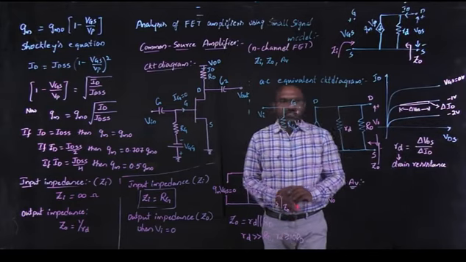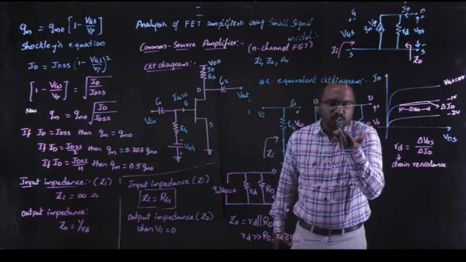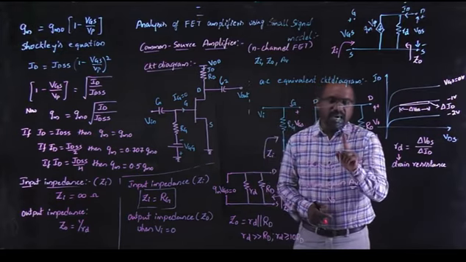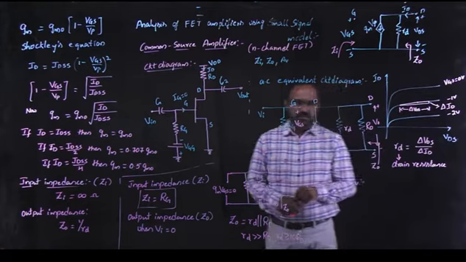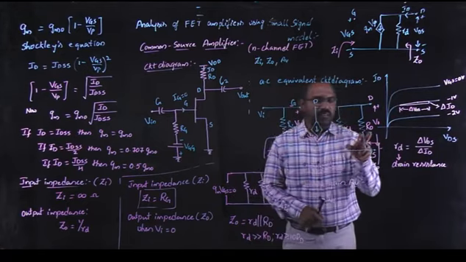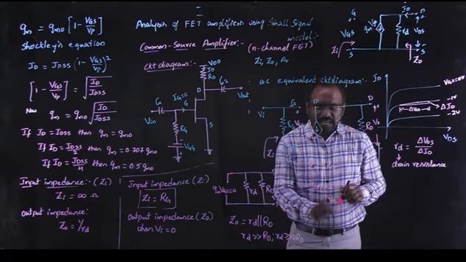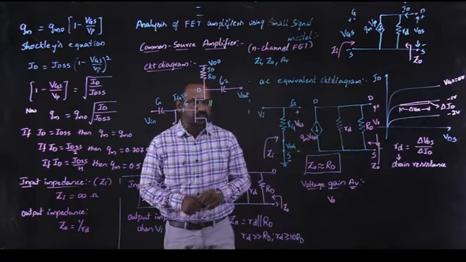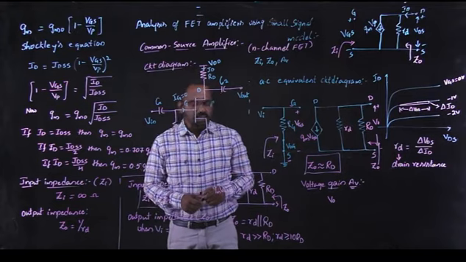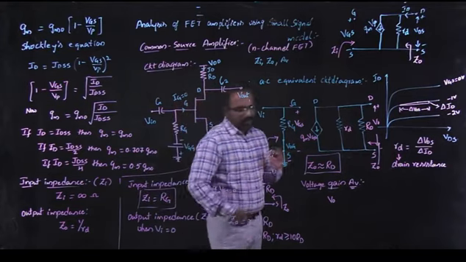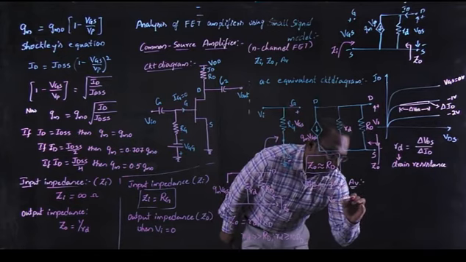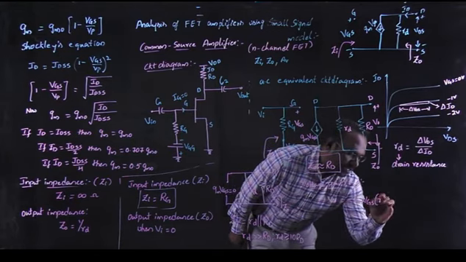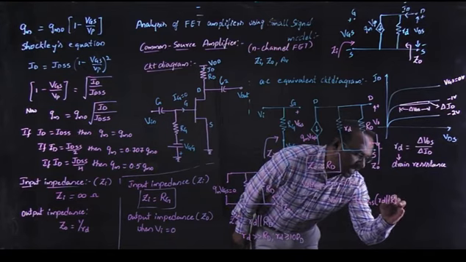I can replace these two with a single resistance, whose value is equal to small rd parallel with capital RD. So I can write Vo is equal to minus gm into VGS, multiplied by small rd parallel with capital RD.